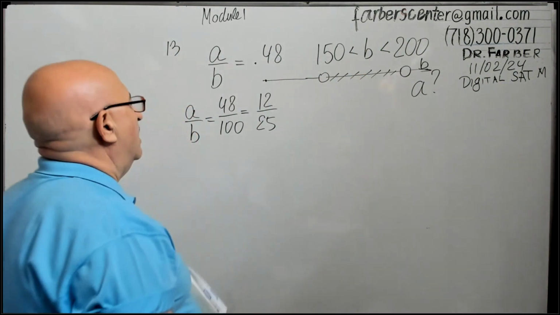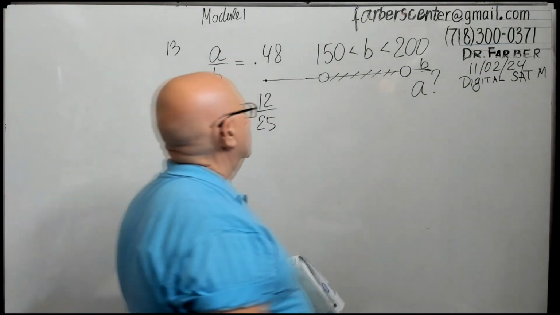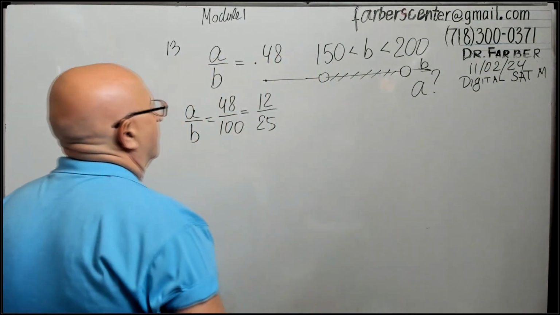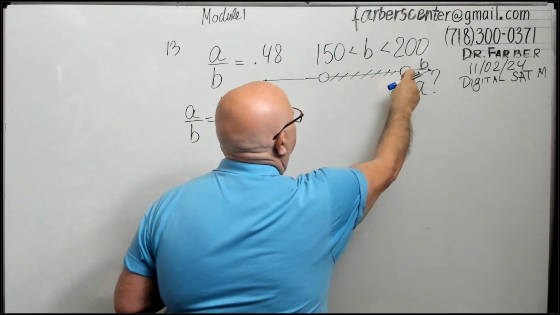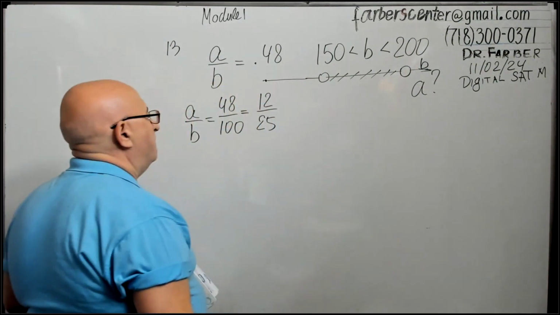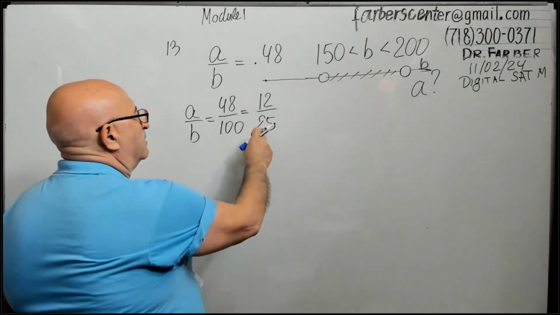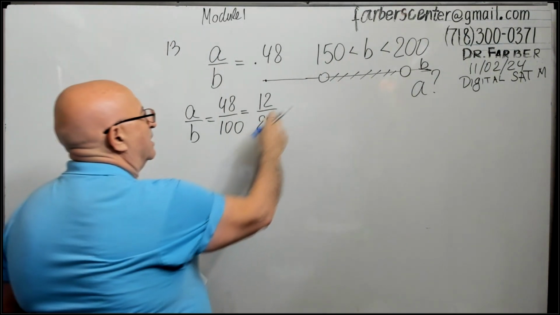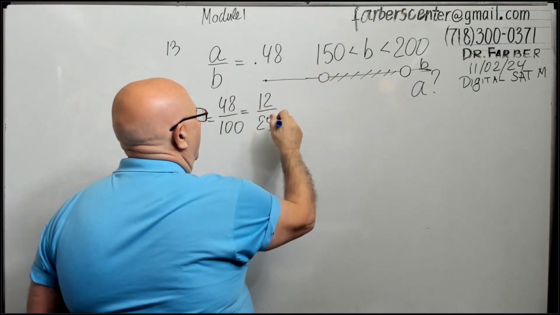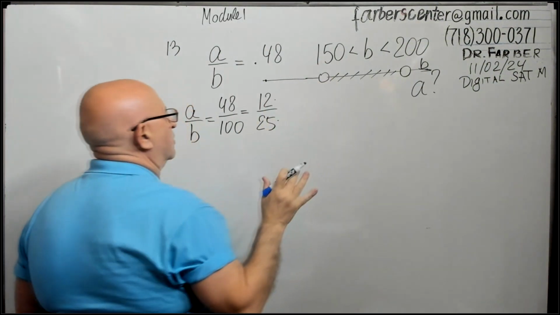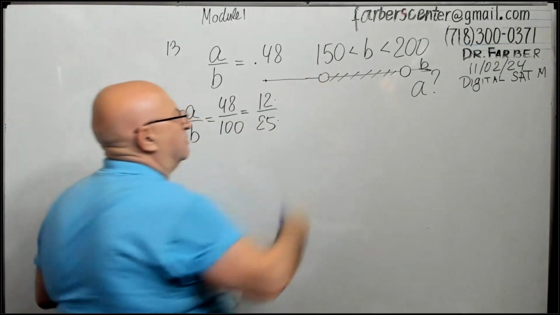You have to choose a number to multiply numerator and denominator to have equivalent fractions, to have a value for B between these two numbers. If I use 6 times 25, it is 150. I got this one, not good. The value is not included. You know what I mean? If you multiply this by 6, it does not work, because 150 is excluded from this set.